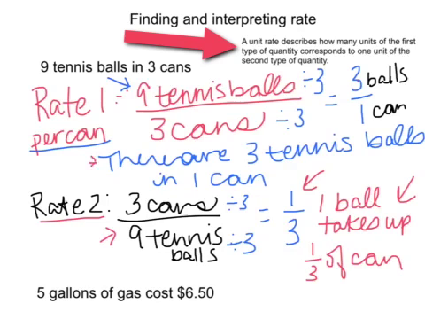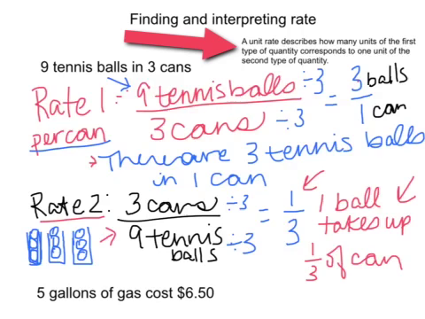Now, another way that you can think about this is you can draw this. Okay, so if I have 3 cans, again, I'm not an artist, never claimed to be. And I have 3 balls in each can, because I said I had 9 tennis balls that need to go in 3 cans.